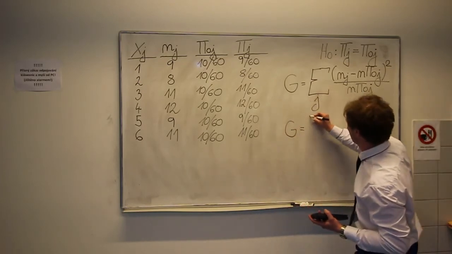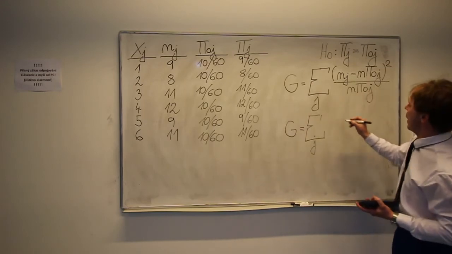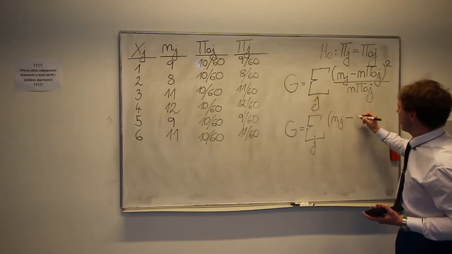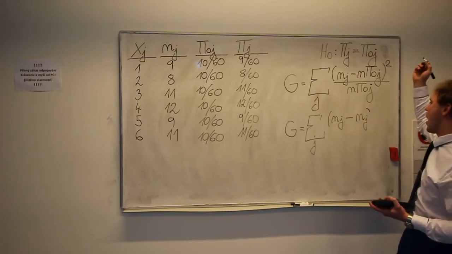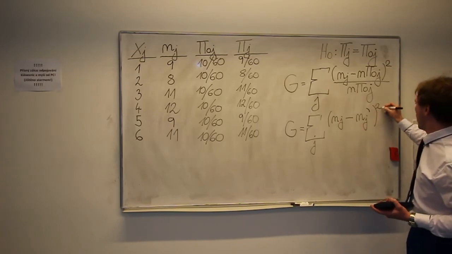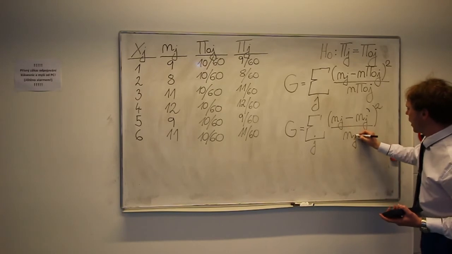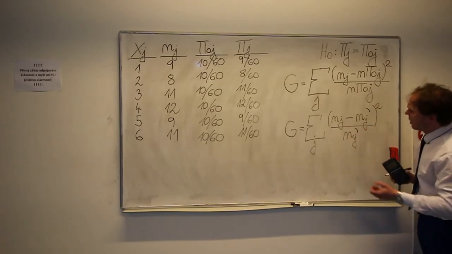G is equal to summation through all j of nj minus nj with stripe, squared, divided by nj with stripe. What does it mean?